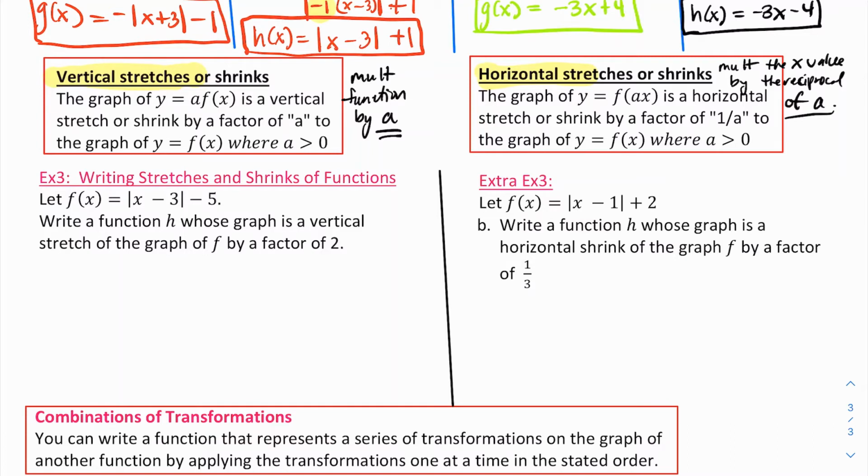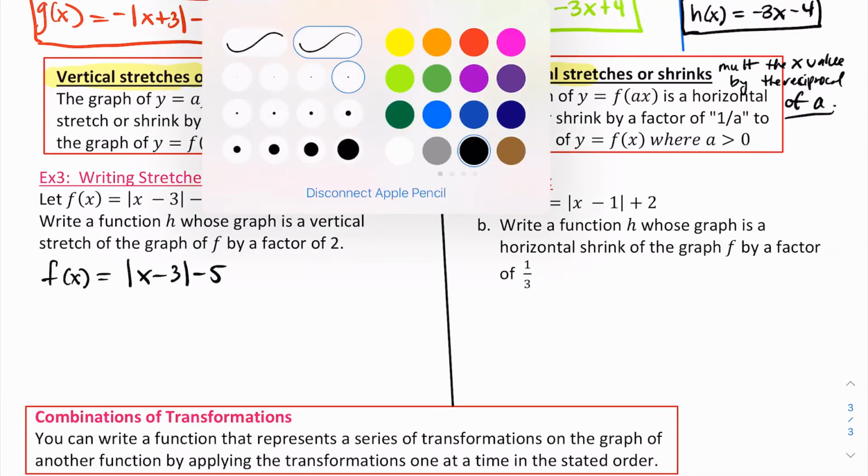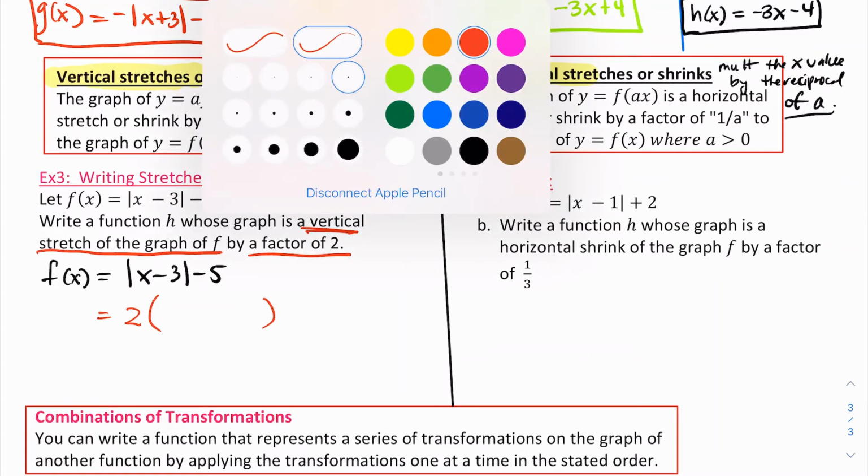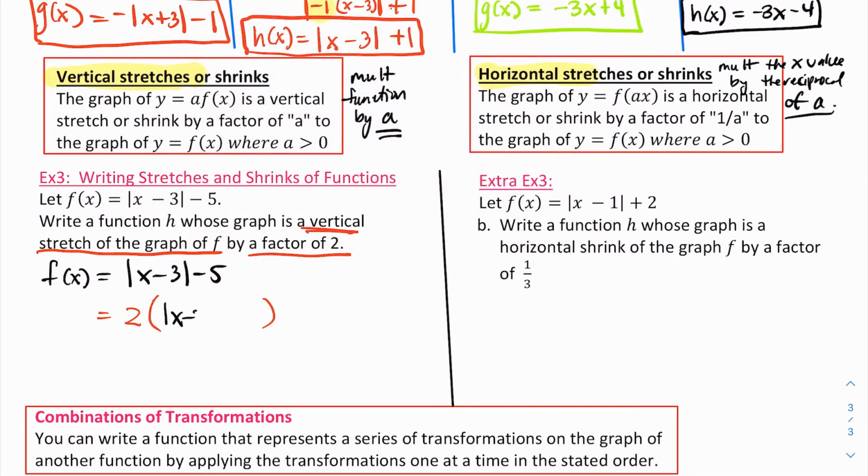All right, so here we go. For the first one, we have f of x is equal to the absolute value of x minus 3 minus 5. They tell us that we have a vertical stretch by a factor of 2. What that means is that you will multiply the entire function by 2.